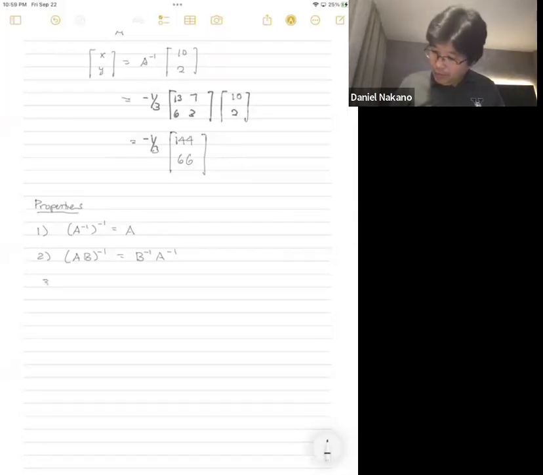And 3, if you take A transpose inverse, this is the same as interchanging: A inverse transpose.